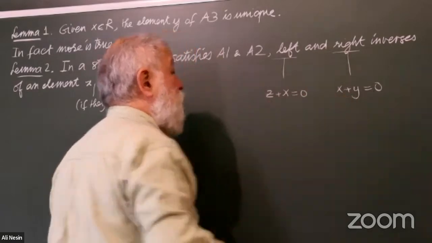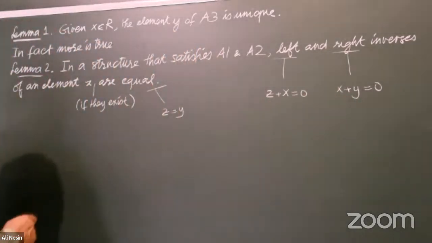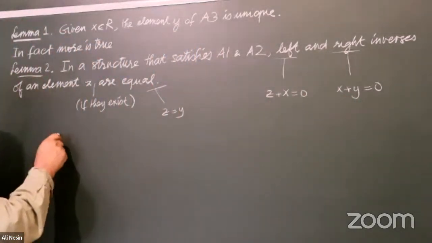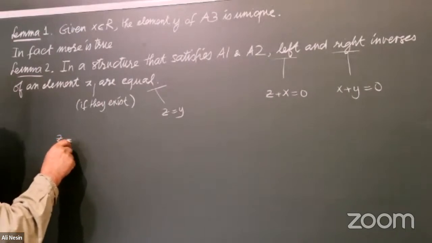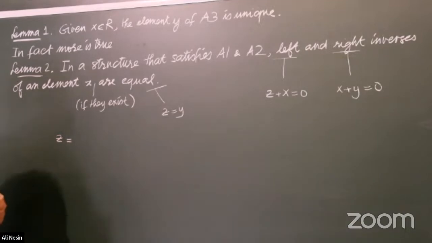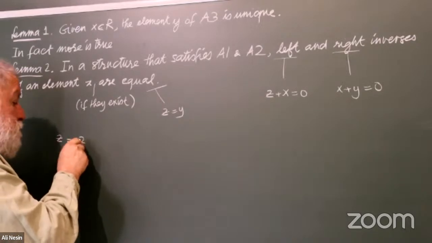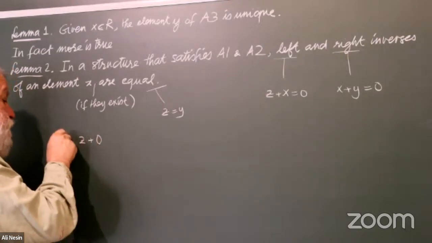Z equal to Y. Why is this? It's only one line. Because Z is equal to Z plus 0 by A2.